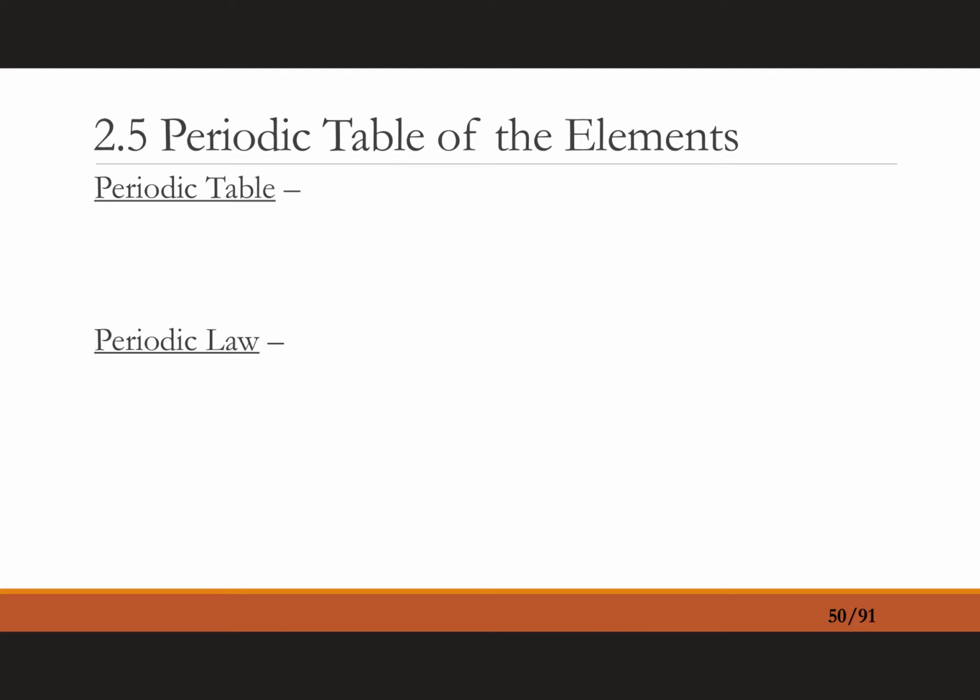Section 5 is the periodic table of the elements. So we'll be talking about the periodic table here, and the periodic table is a table that lists or shows all known elements.